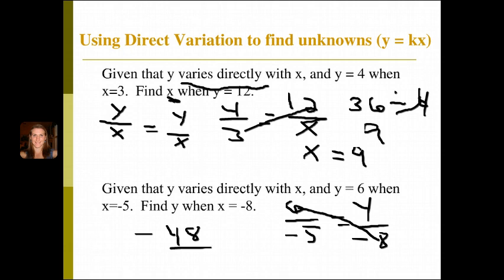A negative divided by a negative is a positive, and so I get 48 over 5. I cannot simplify that anymore, so y is equal to 48 over 5. Or you could divide it out and get a decimal if you want to.